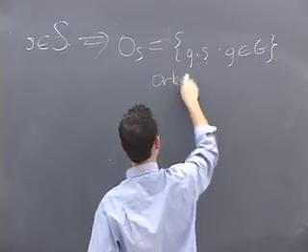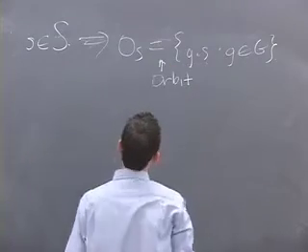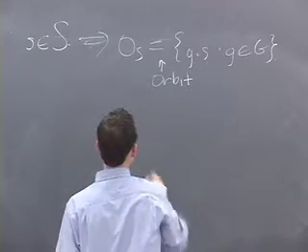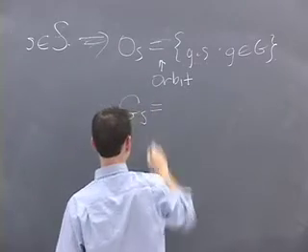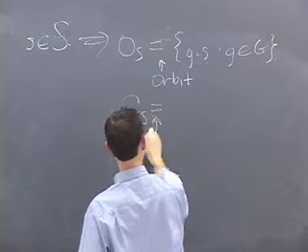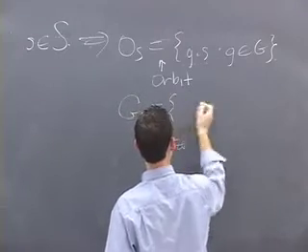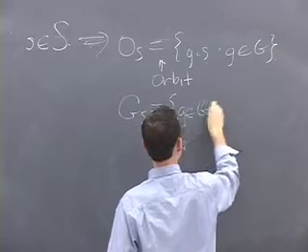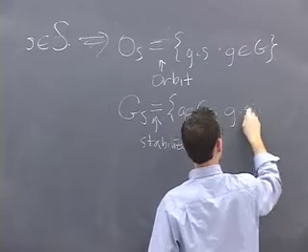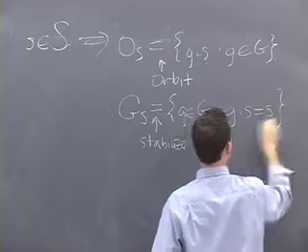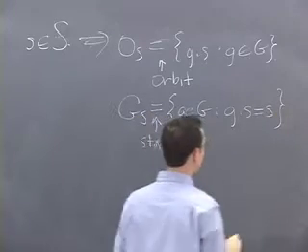So this is the orbit. We also associated something called the stabilizer. This is the set of all g in G such that g of s equals s. And this thing is in fact a subgroup.